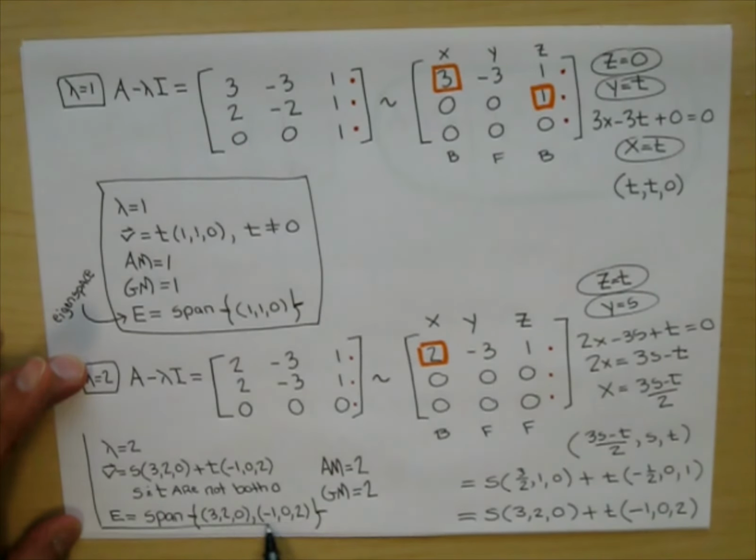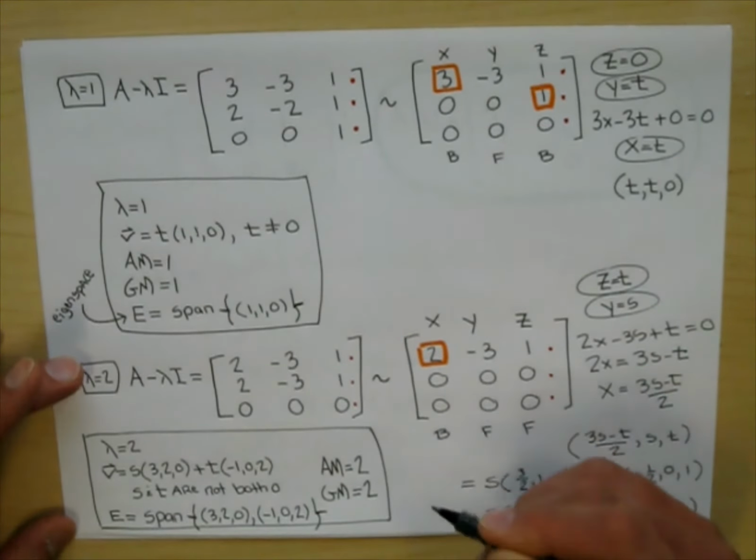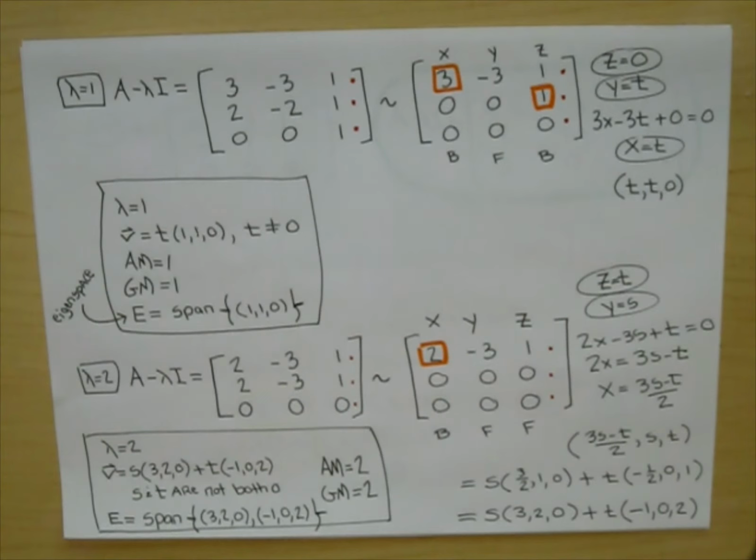We'll try to put a box around this. And we have our answer. We were just trying to find the eigenvalue eigenvector pairs, but now we have a little bit more.